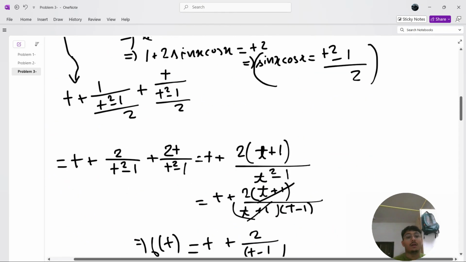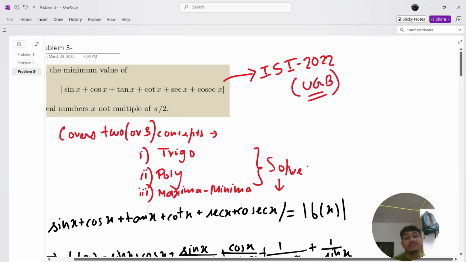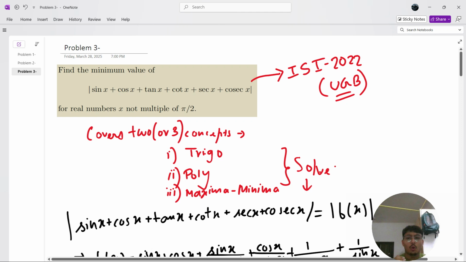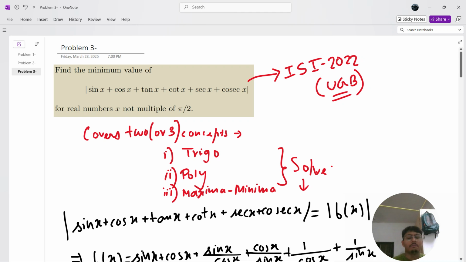This question had come in ISI 22 UGB, that is the second paper. It was most probably either 8 marks or 10 marks. I just forgot the marking. A very good and solvable question, just a little bit of trickery and a little bit of brain is needed. So yeah, this was for today.